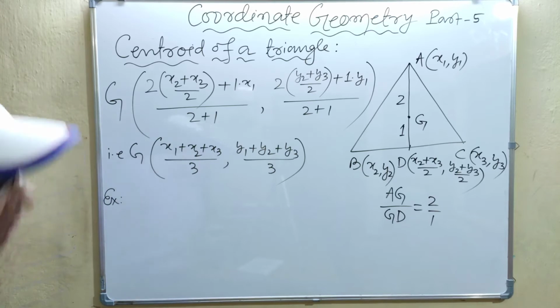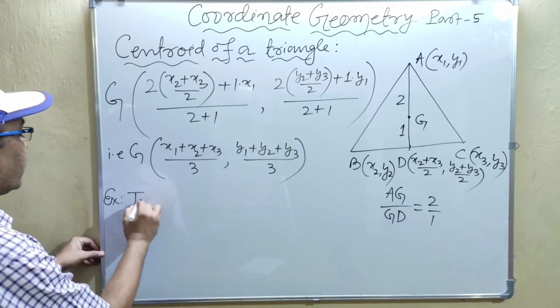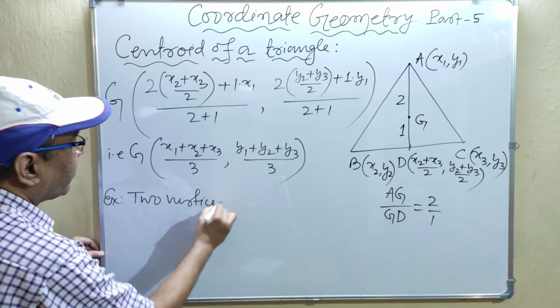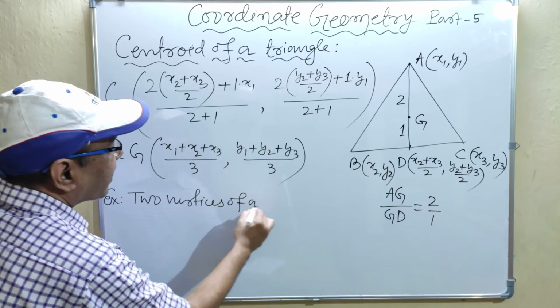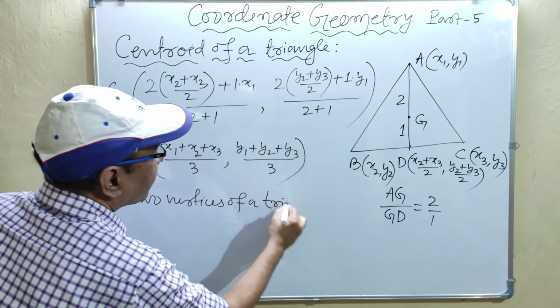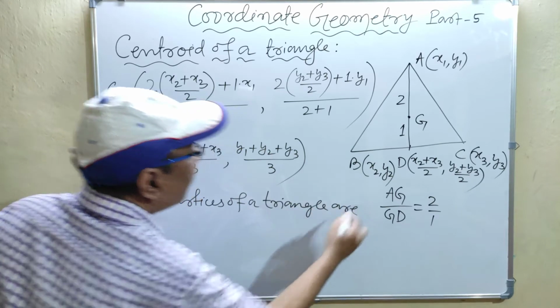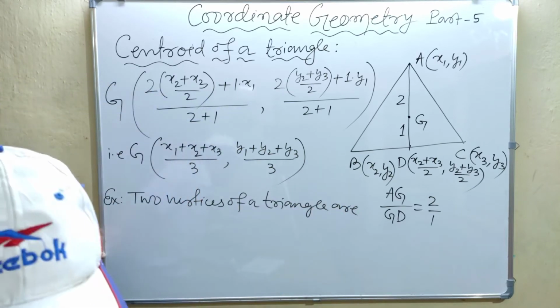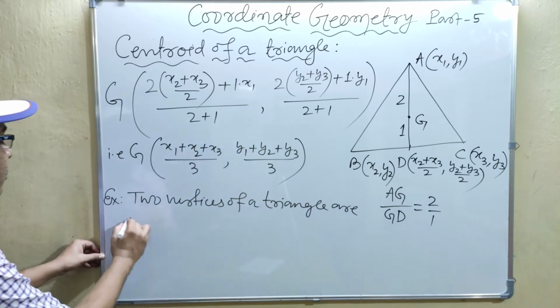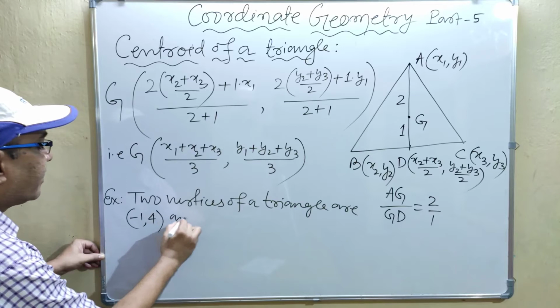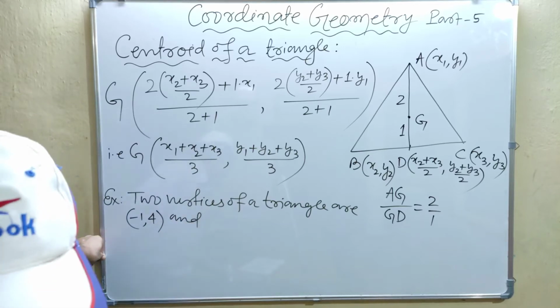Two vertices of a triangle are minus 1 4 and 5 2.